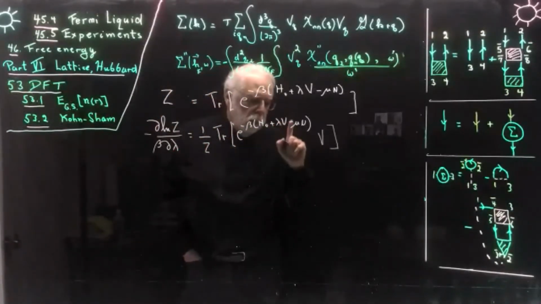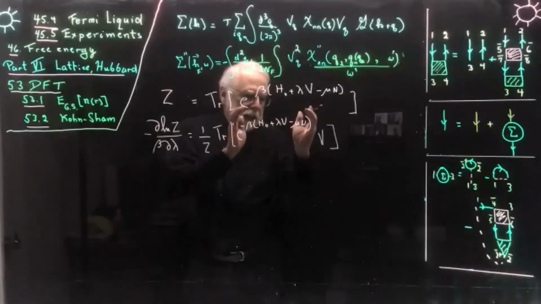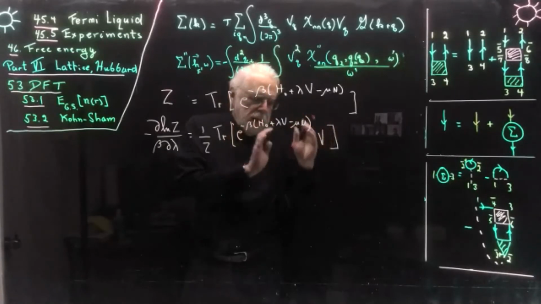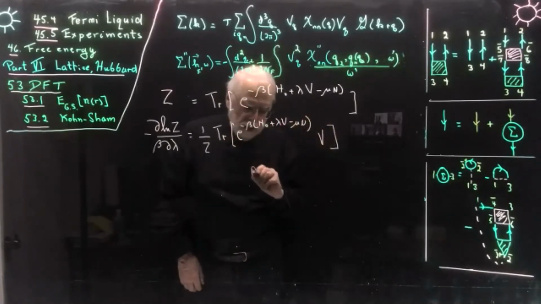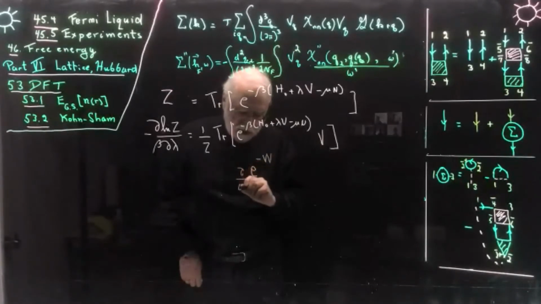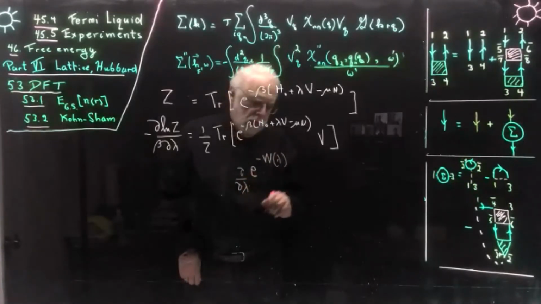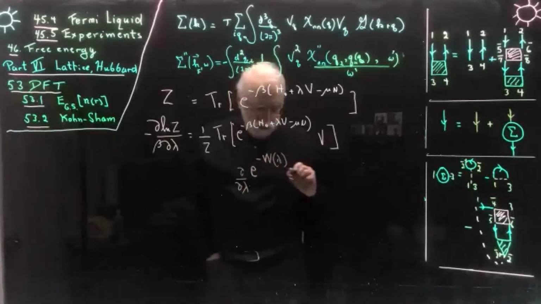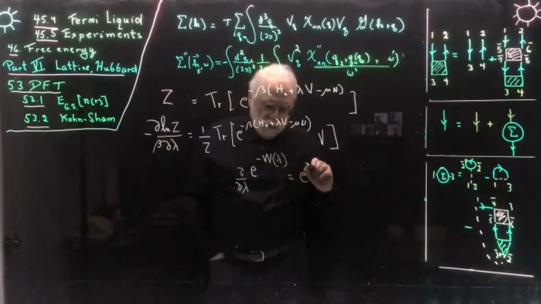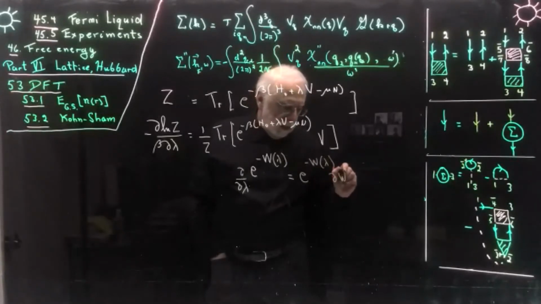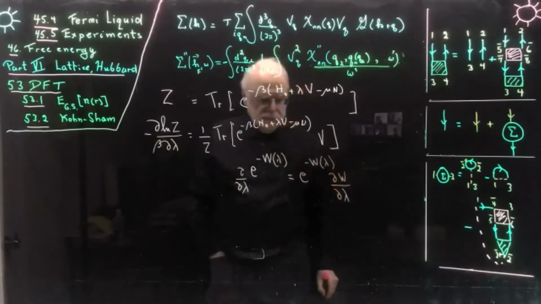But then V doesn't commute with the thing in the exponential. Well, there are two ways to see what happens. One way is to write e to the minus W of lambda, where W is an operator that is a function of lambda, and the derivative is e to the minus W times dW d lambda.